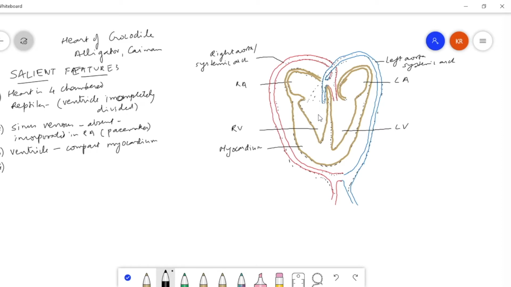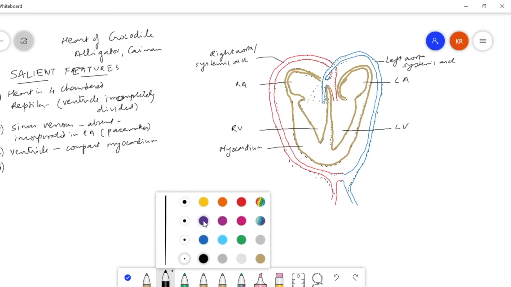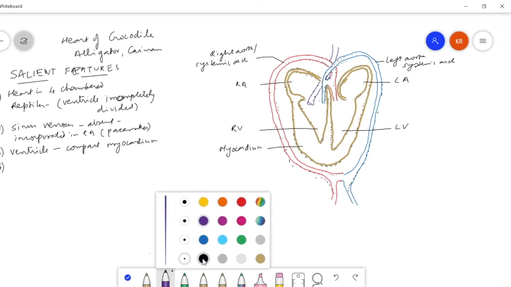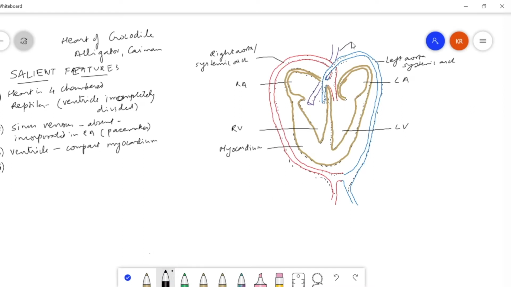Which is coming from the right ventricle. Also coming from the right ventricle will be this outgoing tube, the pulmonary artery.